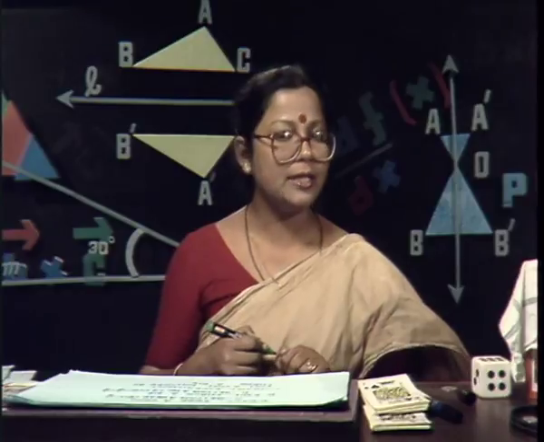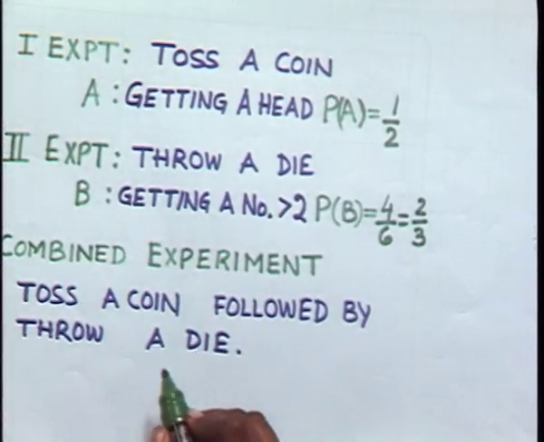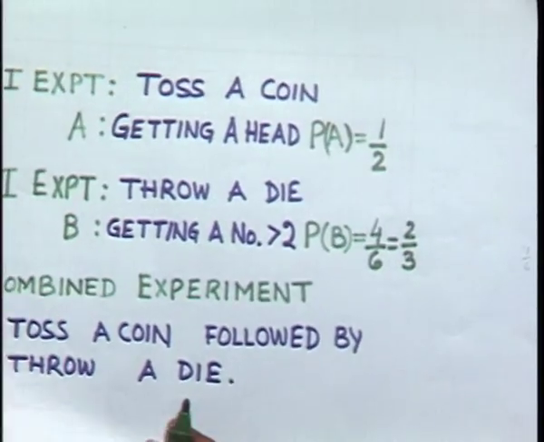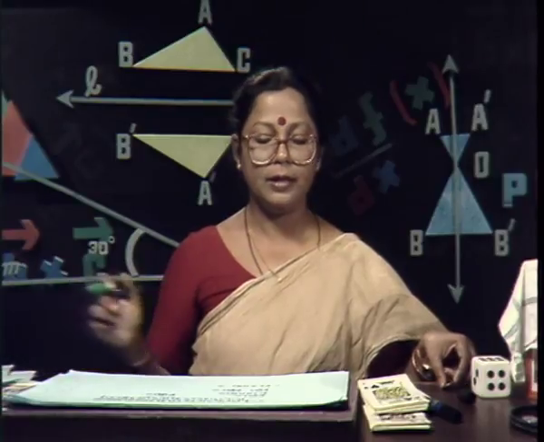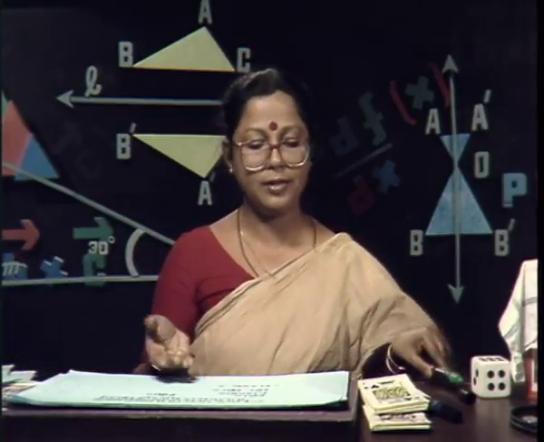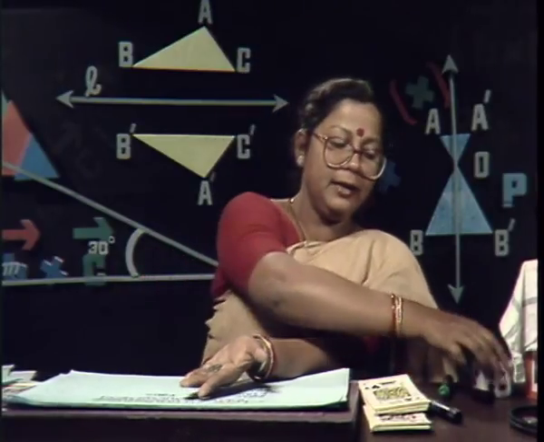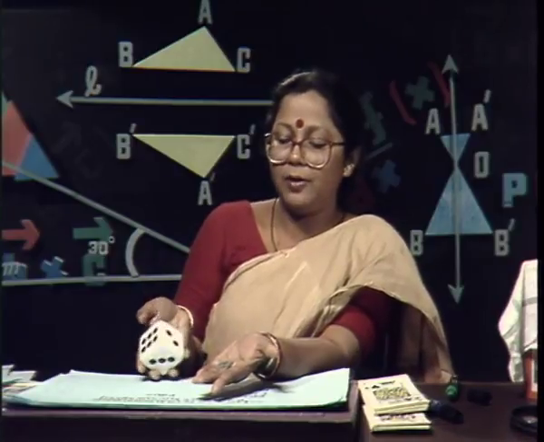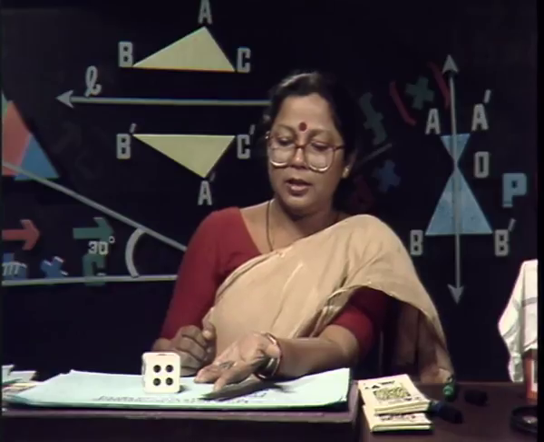If we combine these two events, that is tossing a coin followed by throwing a die, then let us see what happens. In the sample space, when we toss a coin, we get a head. At the same time, when we throw a die, we may get 1.